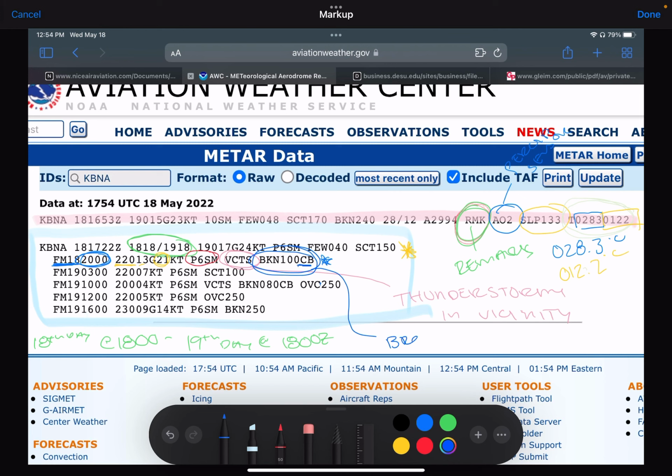So we've got broken cumulonimbus clouds at 10,000 feet. So not looking awesome for that.